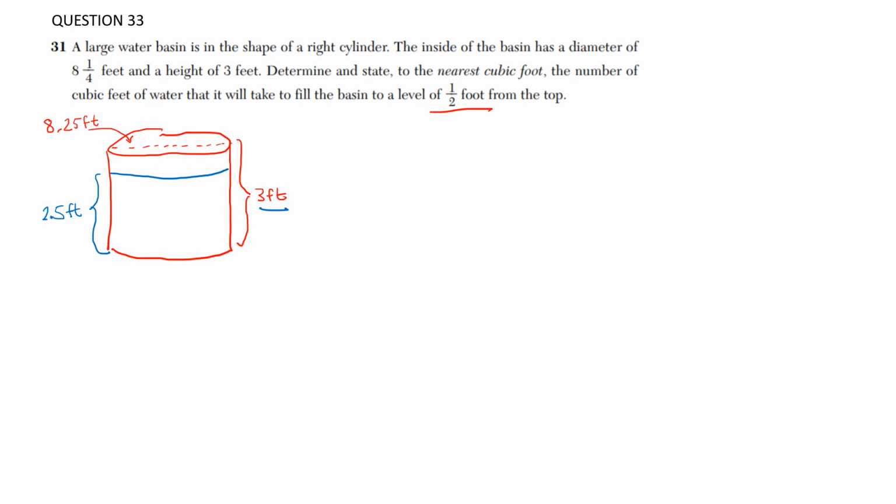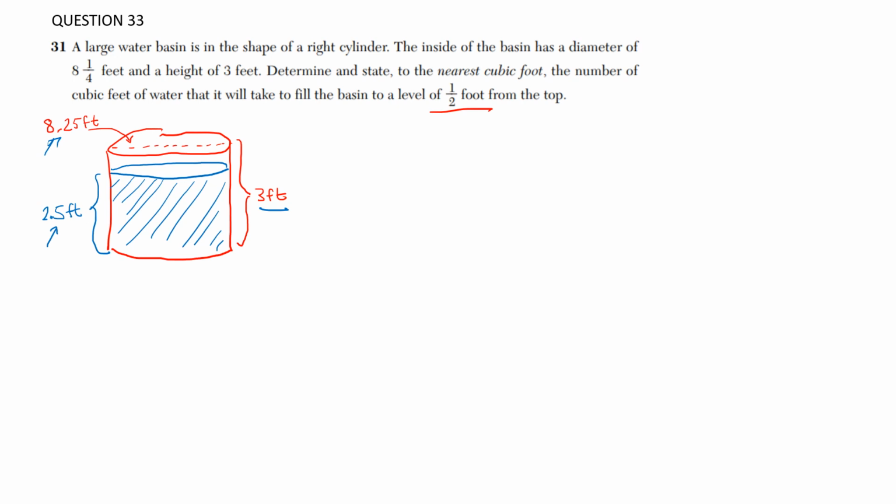So basically, all this question is asking us is, what is the volume of this? Let me reshade that. What is the volume of the water that fills this portion of the basin, right? So we can ignore 3 feet now and just use our values 8 and 1/4 feet and 2.5 feet to calculate the volume of the cylinder.